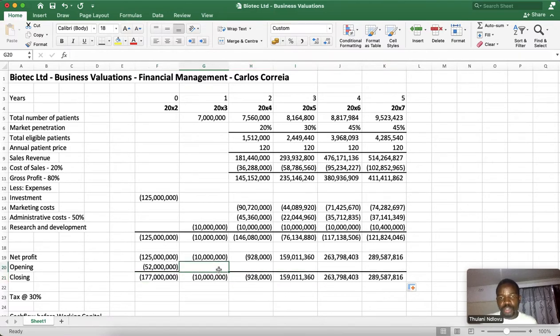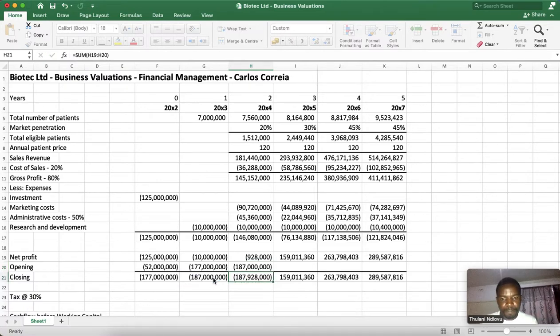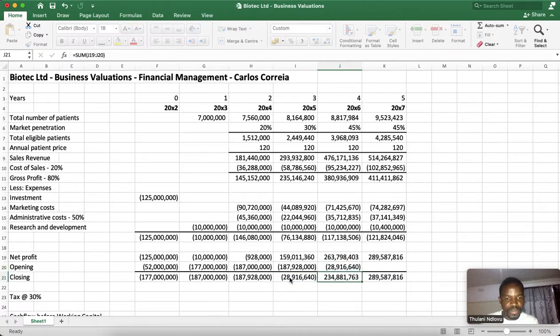Then in 20x3, the opening will be the closing for 20x2. Then for 20x4, it will be the closing for 20x3. Then for 20x5, the closing is for 20x4. Then for 20x6, the closing is for 20x5.